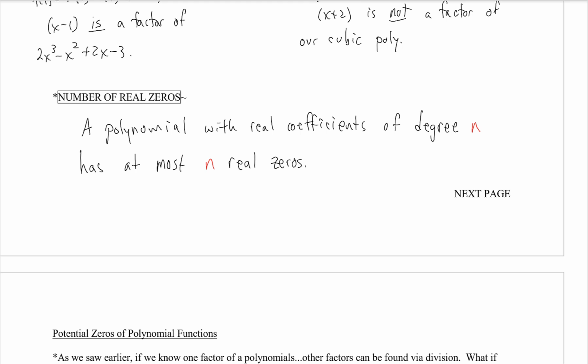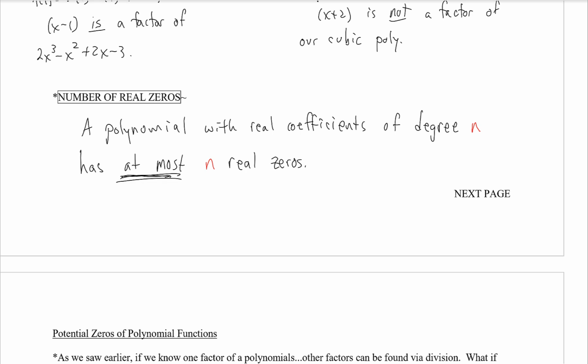So if you have a degree 3 polynomial, it has no more than 3 real zeros. If you have a degree 27 polynomial, it has no more than 27 real zeros. Now it could have less than that, so let's not gloss right over those two words. At most n real zeros.